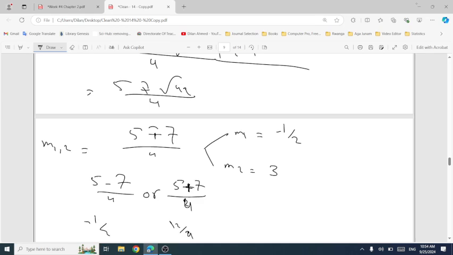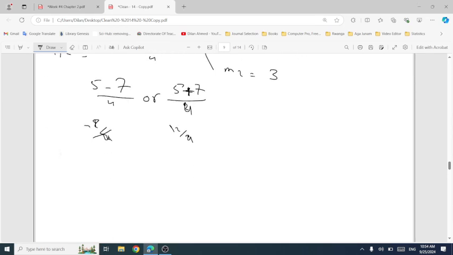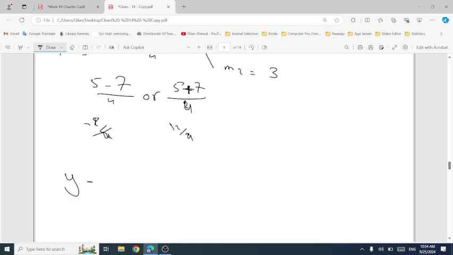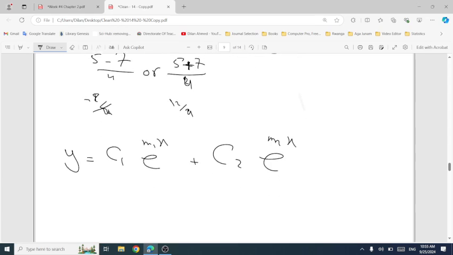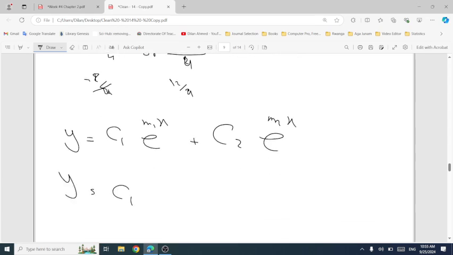Understood. How many roots did I get? So I'm in the first case: C1 e to the m1 x, C2 e to the m2 x, because I'm in the first case. So I say my solution is equal to C1 e to the 3x plus C2 e to the minus 1 over 2 x.